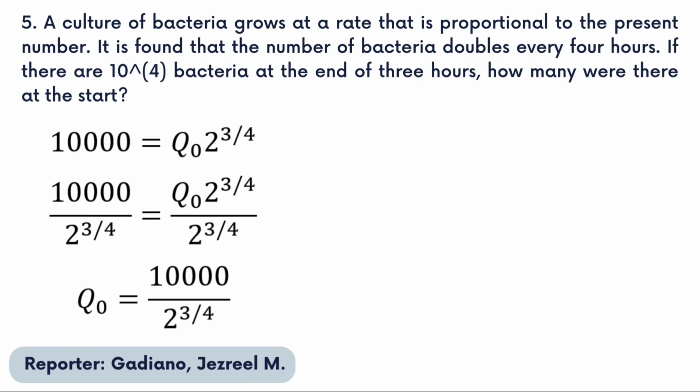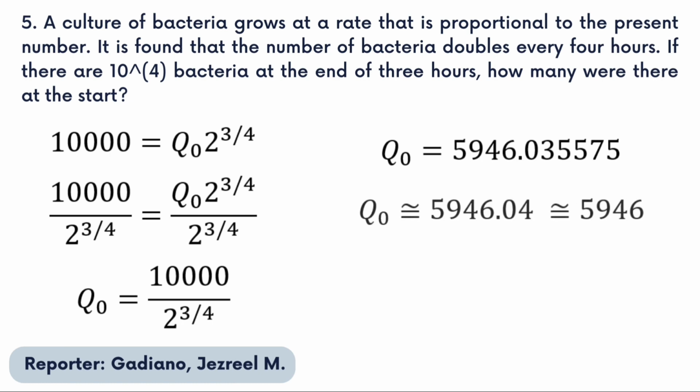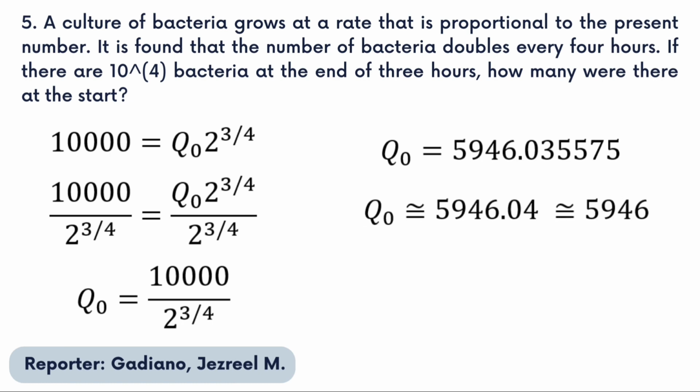Let's use our calculator para ma-solve ito. So, Q sub 0 is equal to 5,946.035575 or approximately 5,946.04 if we're going to consider 2 decimal places, or pwedeng approximately 5,946. Ngayon, if i-check natin yung nasa choices, walang 5,946.